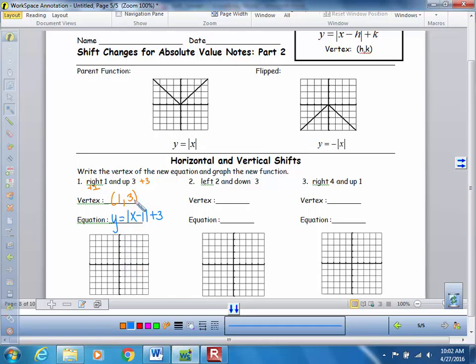So 1, 3 means I go right 1, up 3. If you cannot remember to go right or left or up or down, read exactly what the problem tells you, because it tells you to go right 1, up 3. Now, is my V facing up or down here? Up.